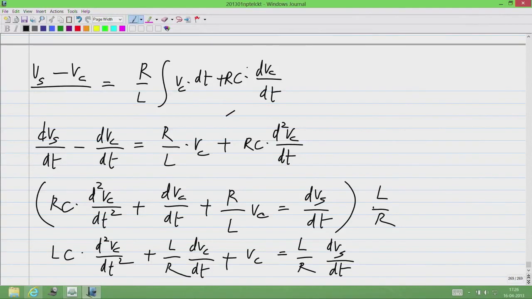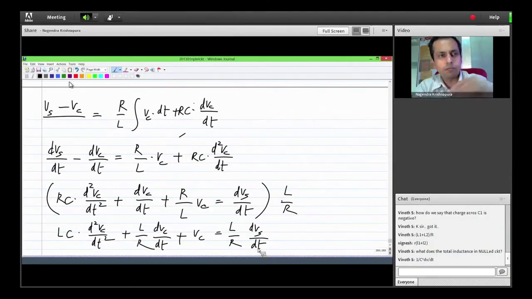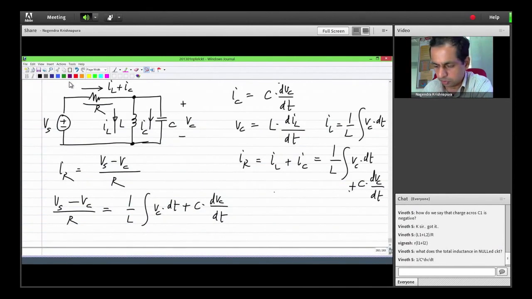Okay. So, I am going to just derive the equations. The whole idea was to show that they will be in a similar form, okay, for both the circuits.